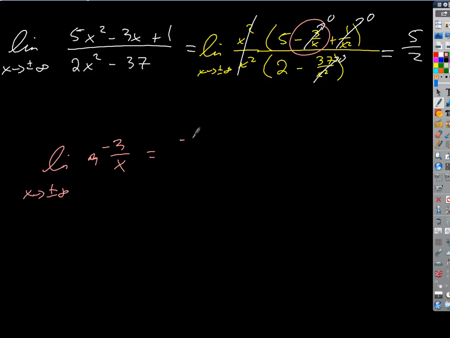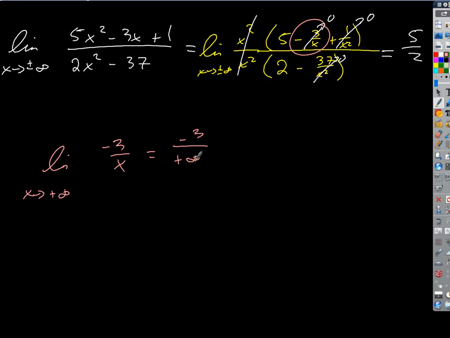Let's take plus infinity; it would work equally well for the other one. If I approach positive infinity, I get negative 3 over positive infinity. Well, what's that equal to? 0. Yeah, does that make sense?